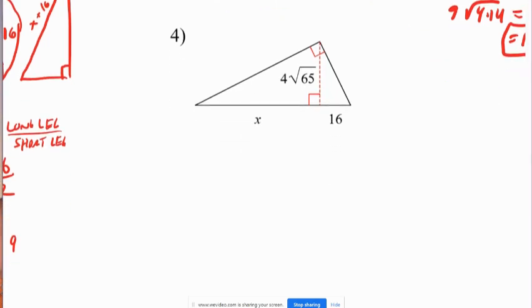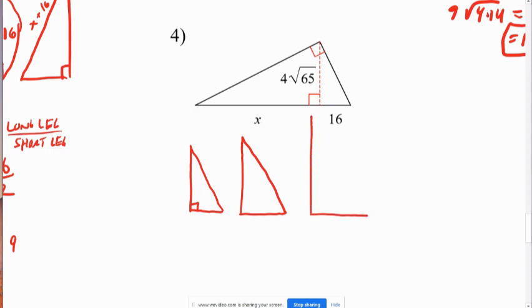All right, so for this one, again, we're going to draw our 3 triangles. So we have small, medium, and large. The 3 right triangles.